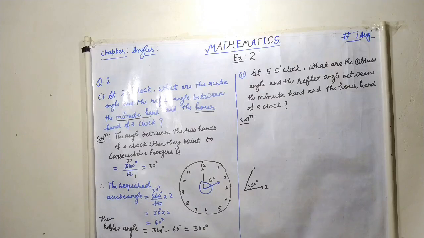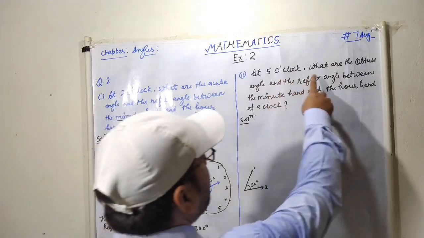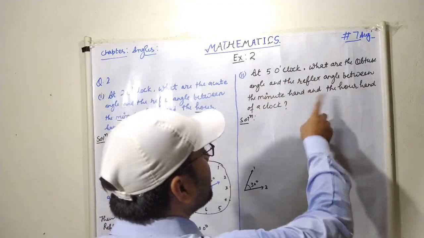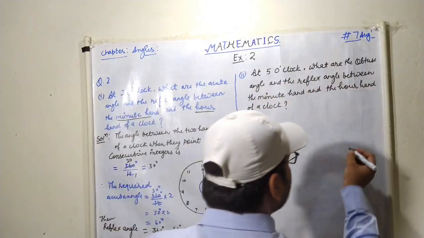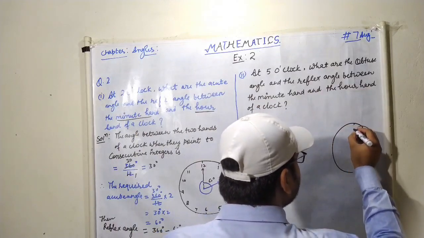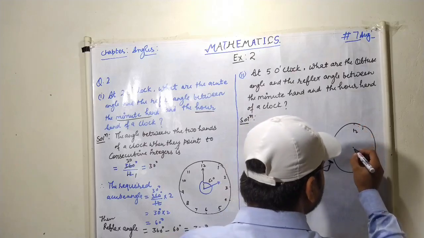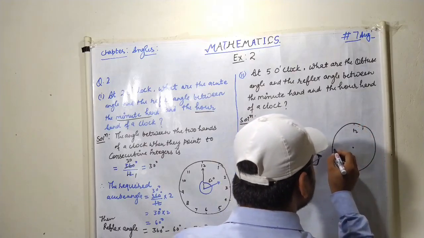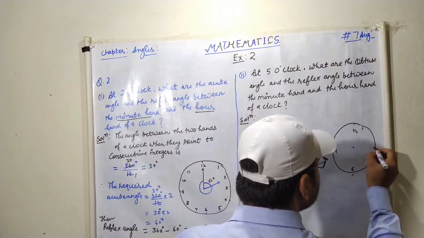Okay. Now the next one is a question at 5 o'clock. What are the obtuse angle and the reflex angle between the minute hand and the hour hand of a clock? Very easy, students. Draw a clock. This is 12, this is 6, this one is 9 and this one is 3.